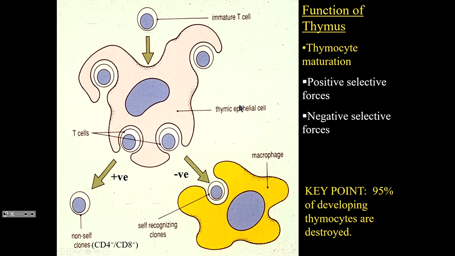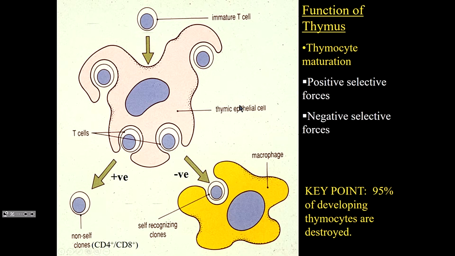So it turns out that the process of thymocyte maturation is very inefficient. In the thymus, the T cells are undergoing that somatic recombination event. Remember, on the surface of T cells we have a T cell receptor that has that variable portion.